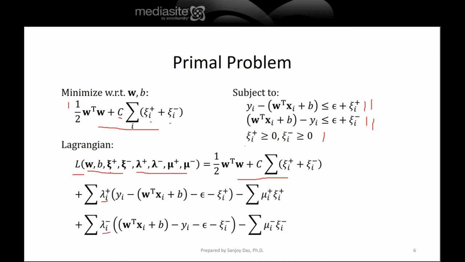I take this constraint, zeta i plus greater than or equal to 0, and the corresponding multiplier is mu i plus, and I take this constraint and the multiplier is mu i minus, and so this is our Lagrangian.